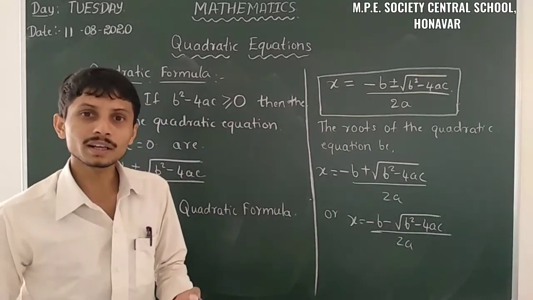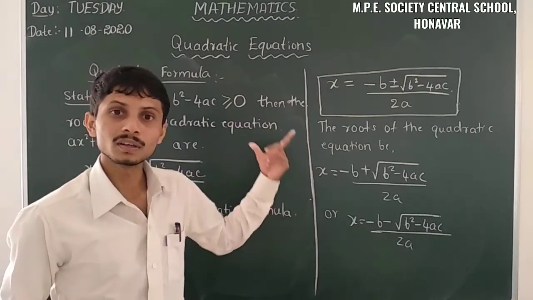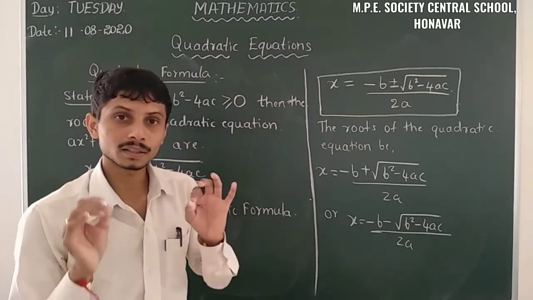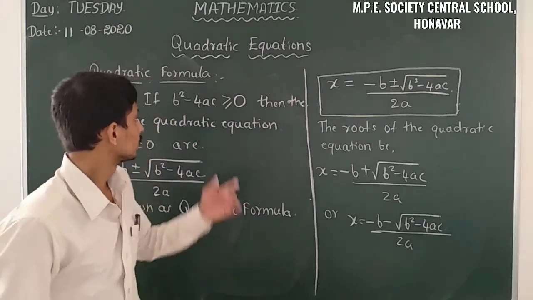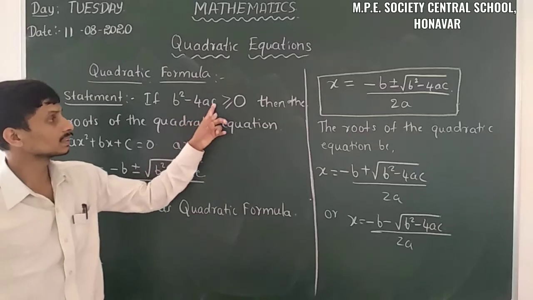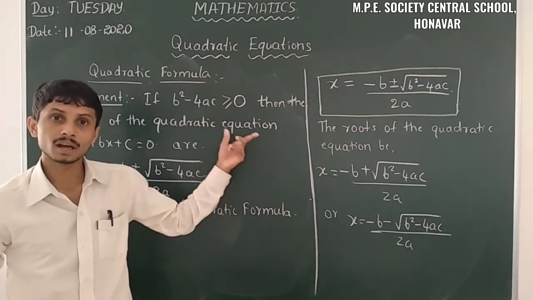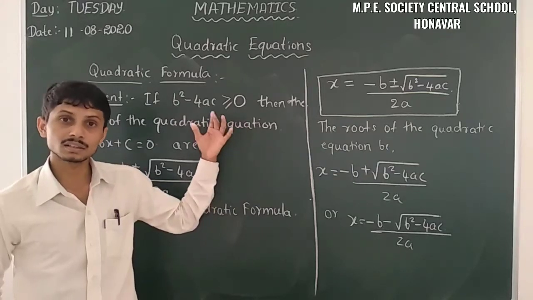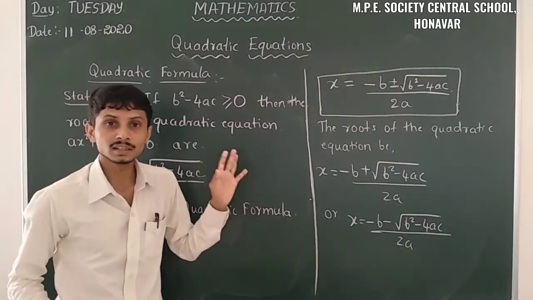Any quadratic equation we can solve with this formula, but one thing we have to remember is that b square minus 4ac is always greater than or equal to 0. If it is 0, no problem. Otherwise b square minus 4ac must be greater than 0.